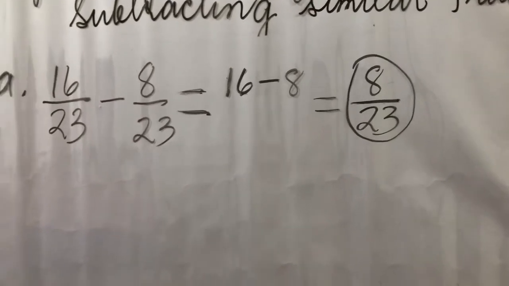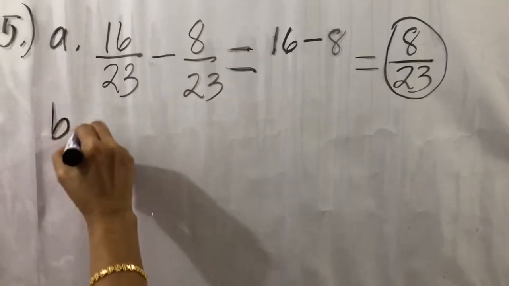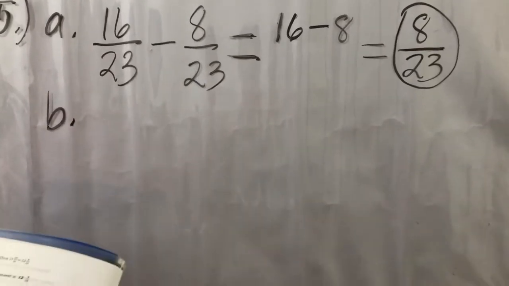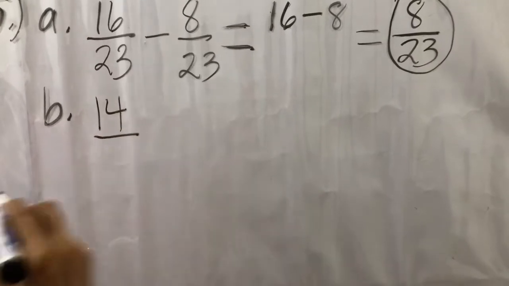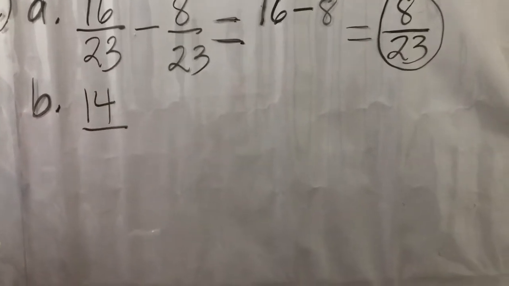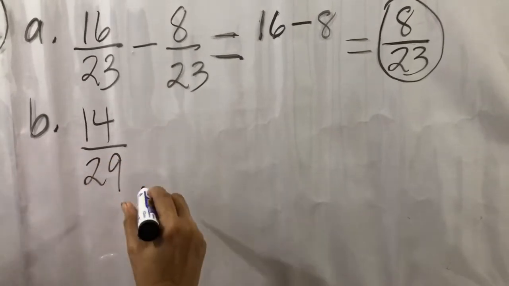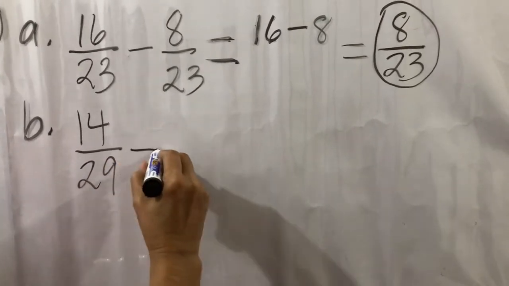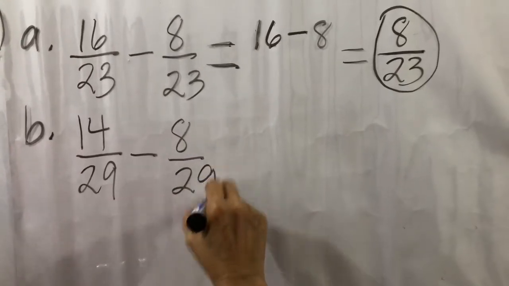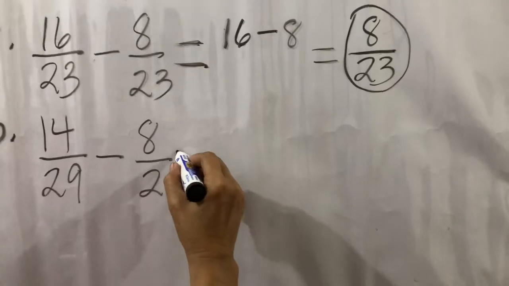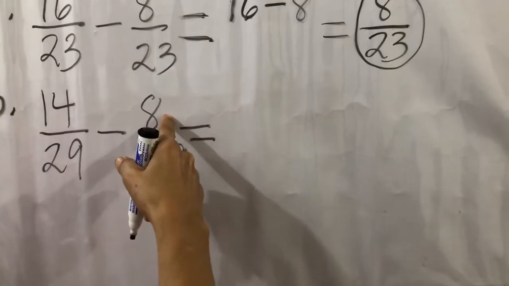Let's go to the next. Example number 5, letter B. That is 14/29 minus 8/29 equals. Subtract the numerators 14 and 8.